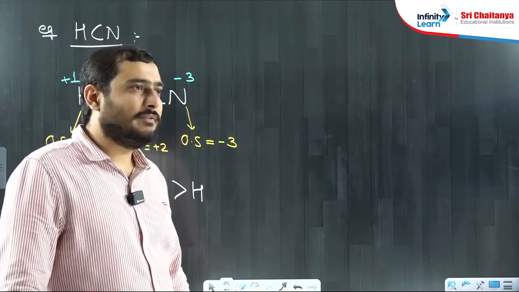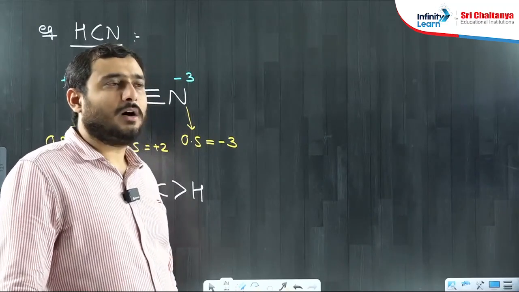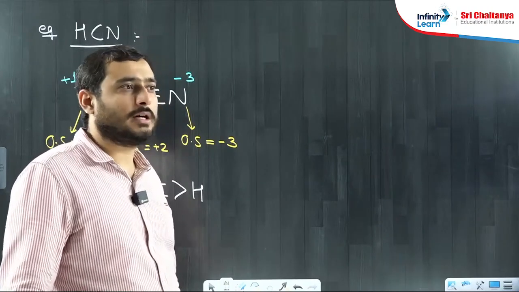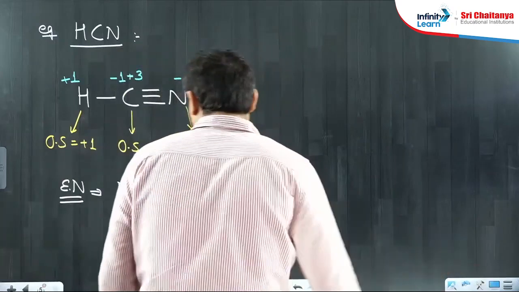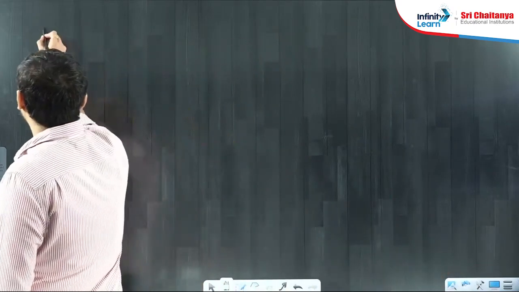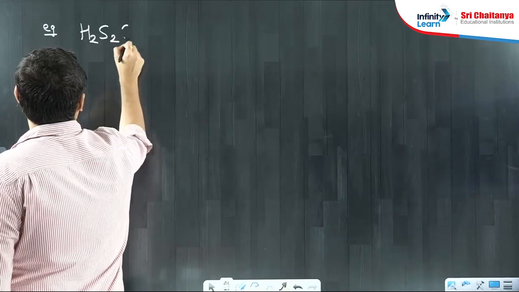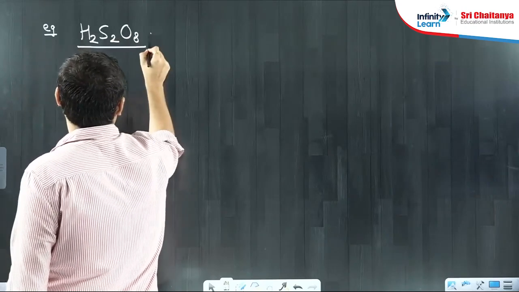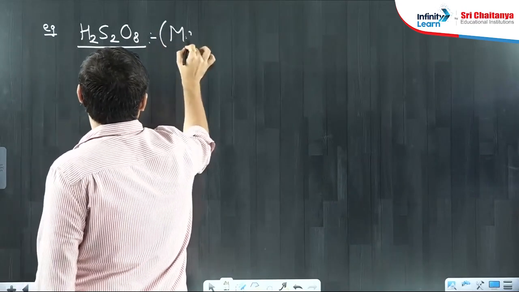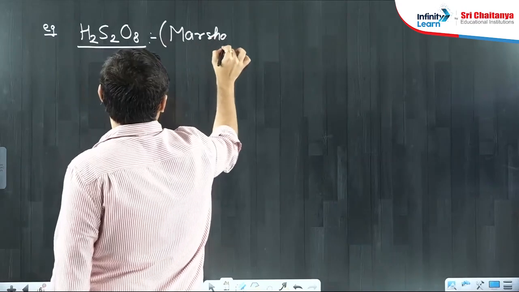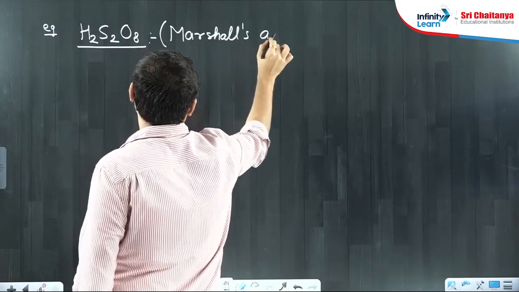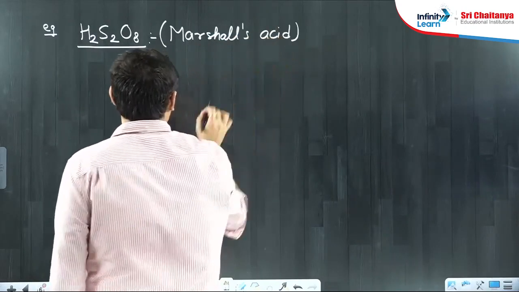Now I will give one more example. You have to tell me the oxidation number for sulfur in that compound. The next example is H2S2O8. The common name for this compound is Marshall's acid. I am writing the structure for you.